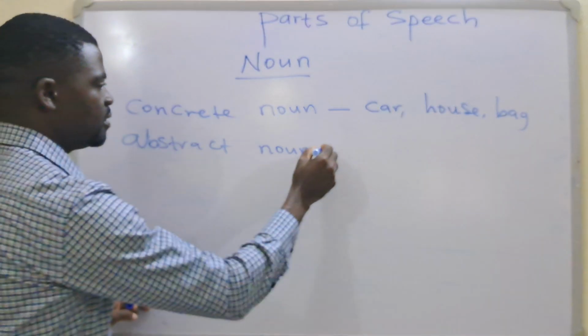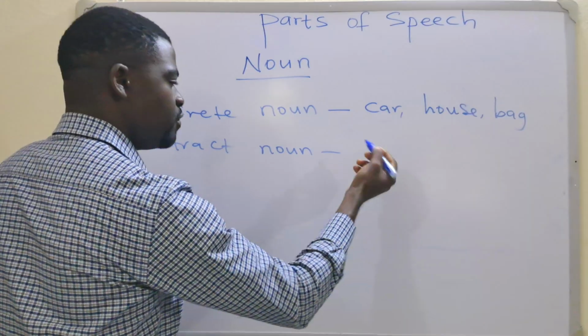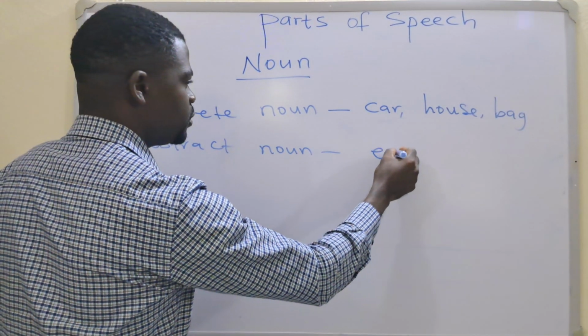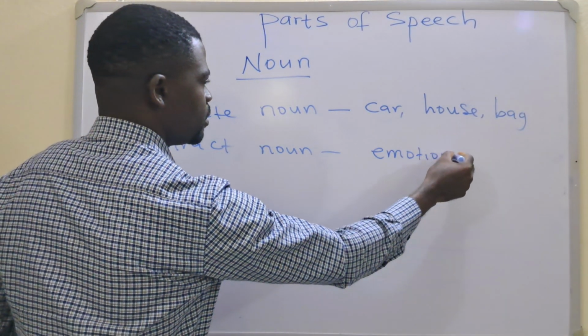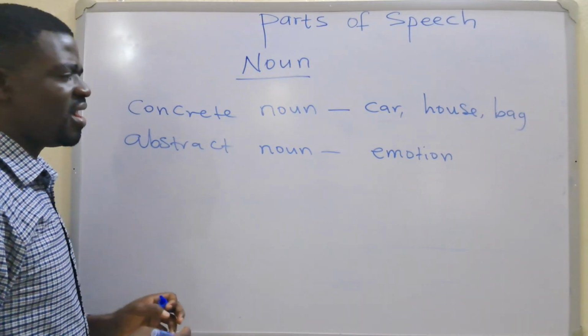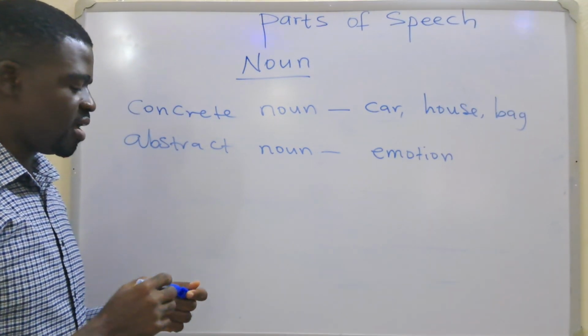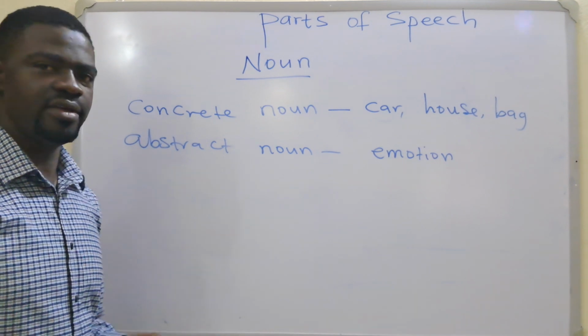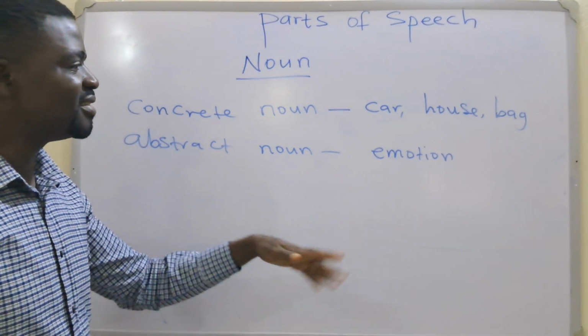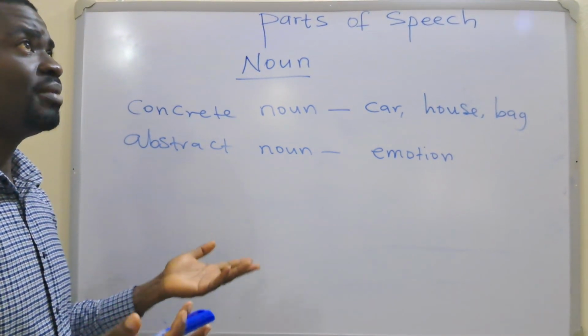For example, you may experience emotion, but you cannot see it. I've not seen emotion. Or maybe if you've seen it somewhere, then that'll be fine. You can show us, but I've not seen emotion.